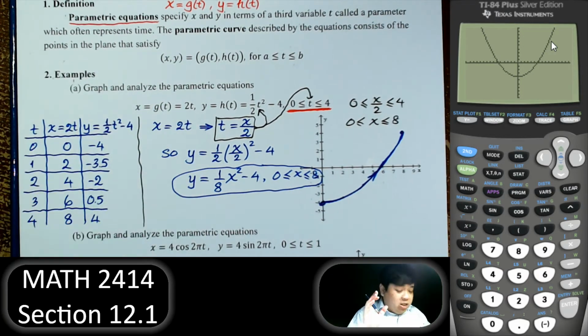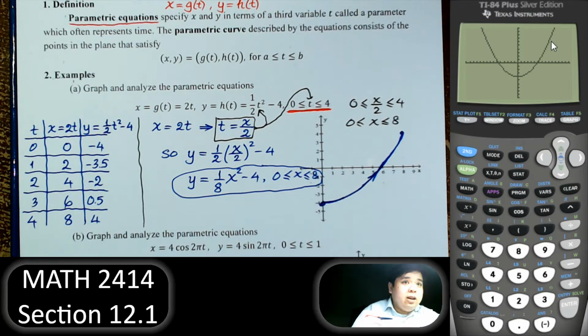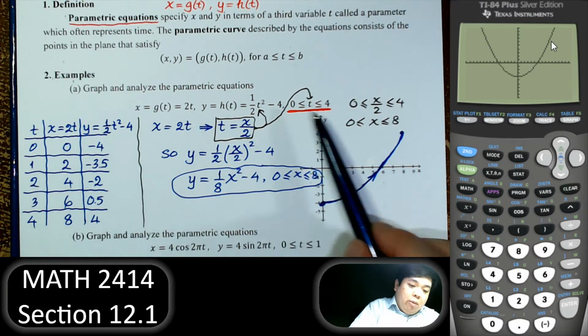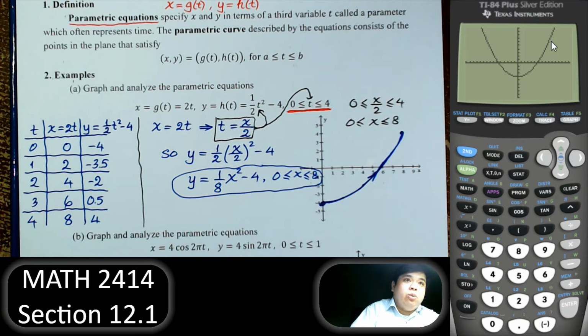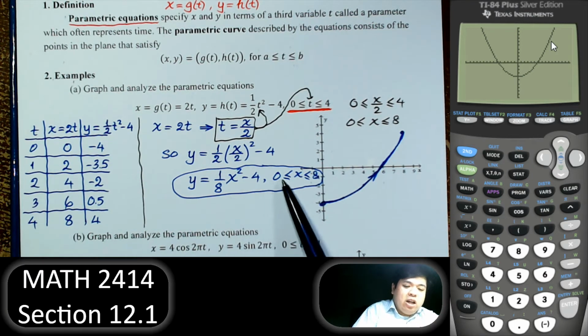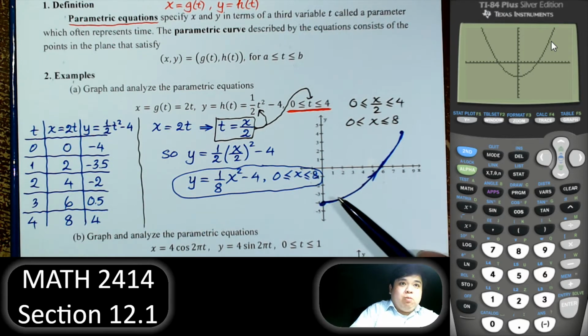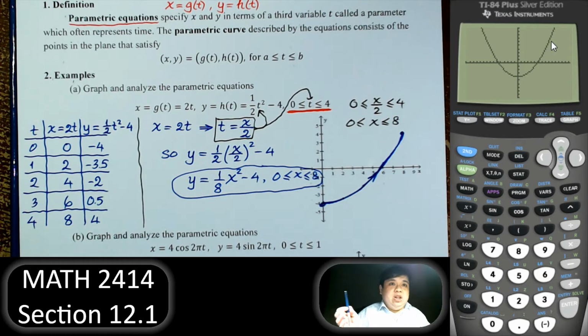However, they are still not the same. In the parametric equation, we know the direction too. But in this form, if we want to go backward, we won't be able to do that. In the parametric equation, it's easier to say how fast it's going and what direction it goes.